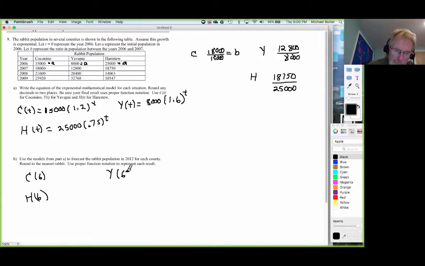So we've got to figure out each one of those. That's going to be 15,000 times 1.2 raised to the 6, then 8,000 times 1.6 raised to the 6, and then it's that times 0.75 to the 6.